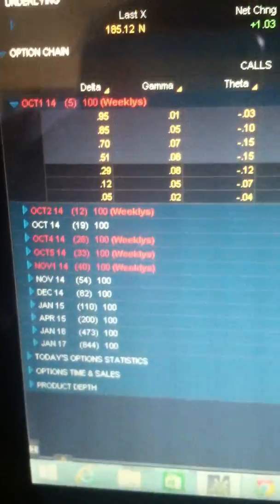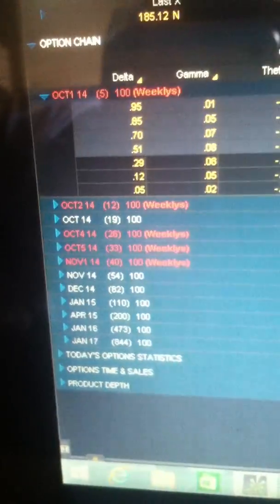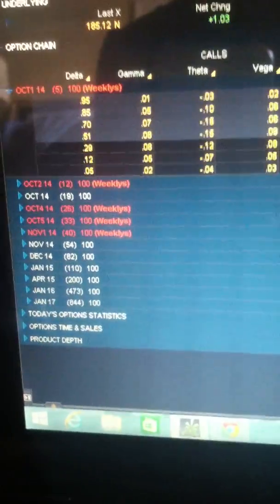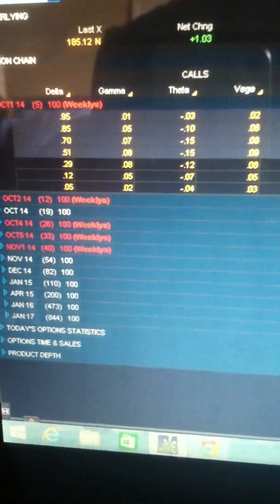Meaning that depending on the delta of the option series, I will buy it. Price doesn't really matter because we're a fully funded account. But anyway, depending on the delta, at the money deltas, which have the most extrinsic value, are around 50.